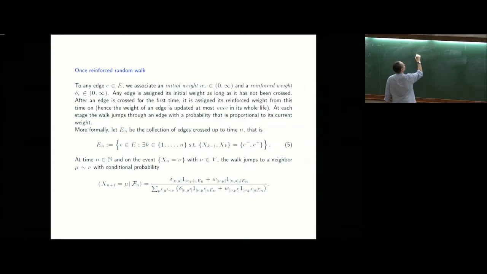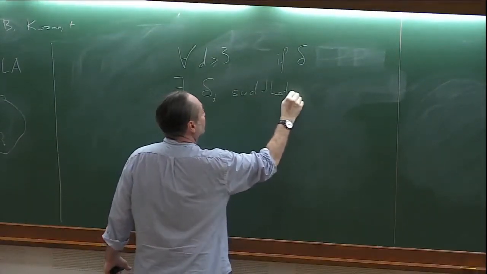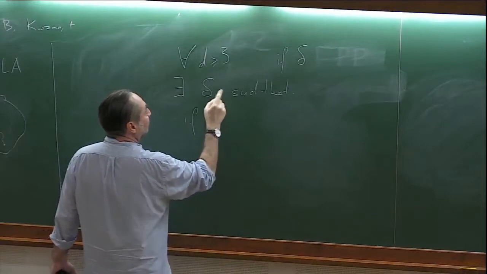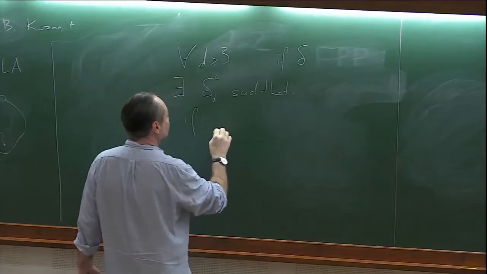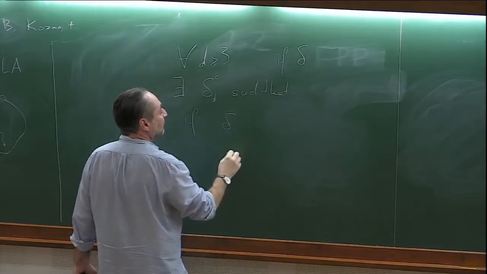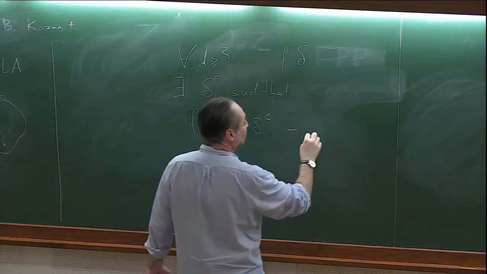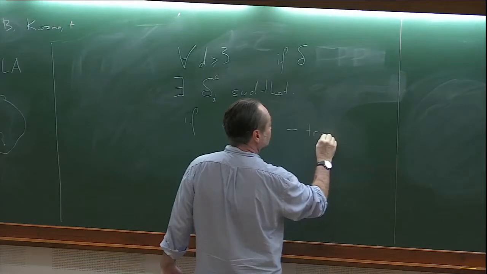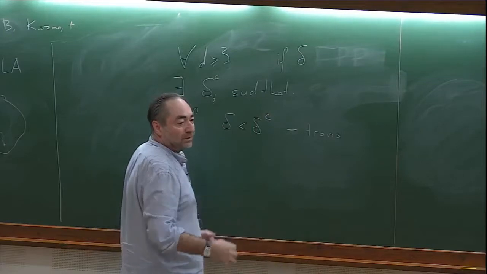For any d bigger or equal than 3 there exists a reinforcement delta, which depends on dimension, let us call it critical delta, such that if reinforcement is smaller than delta critical, transience, because this delta cannot really trap you.